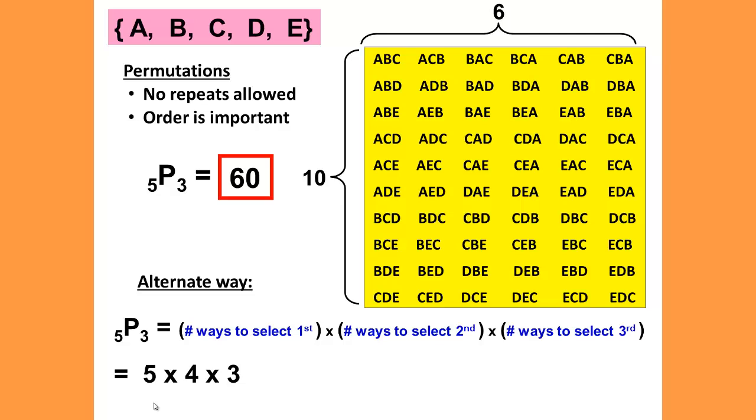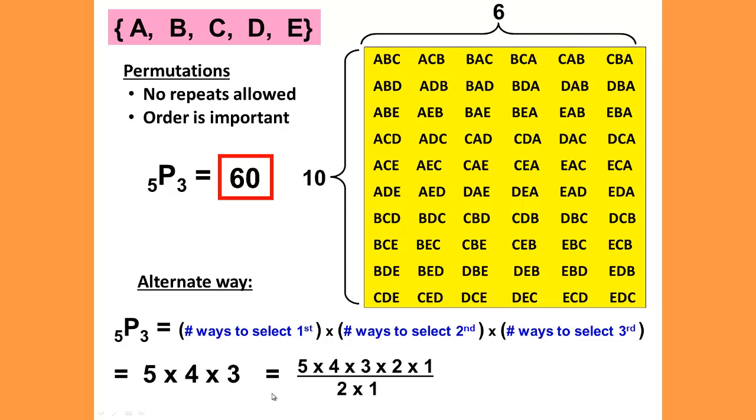And every time, order is important, so each different order would be considered different and would count. So that gives us 5 times 4 times 3. 5 times 4 times 3 is the beginning of 5 factorial without the last 2 times 1.